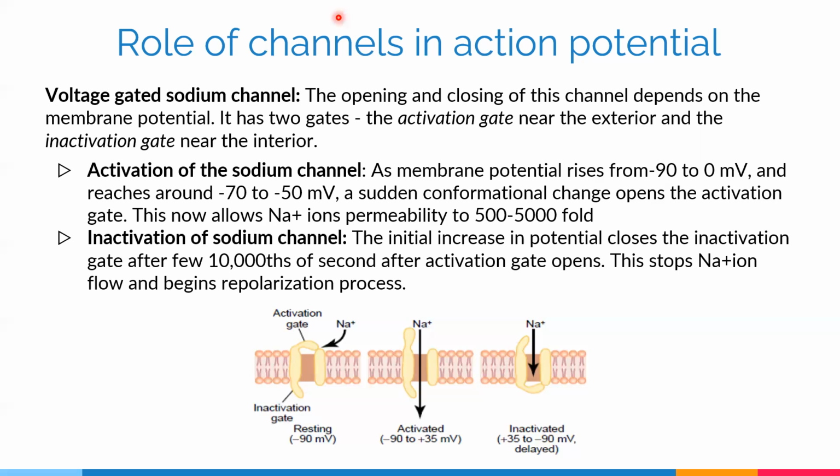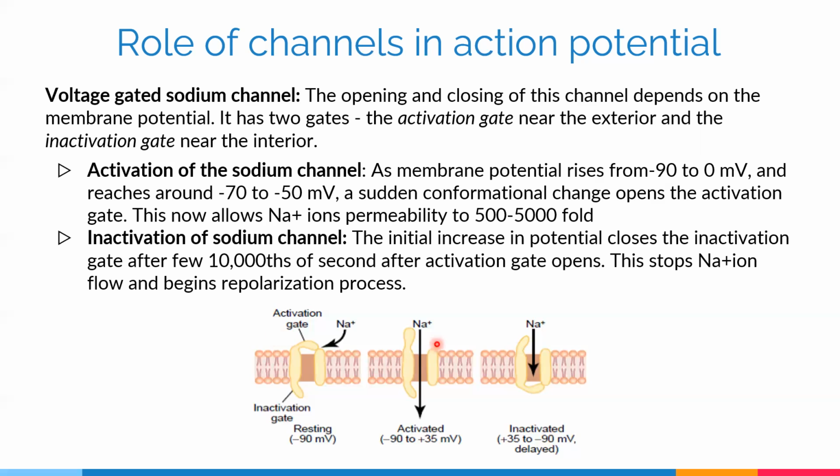First off, let us discuss the activation of the sodium channel. As membrane potential rises from -90 to 0 millivolts, and reaches around -70 to -50, a sudden conformational change opens the activation gate.